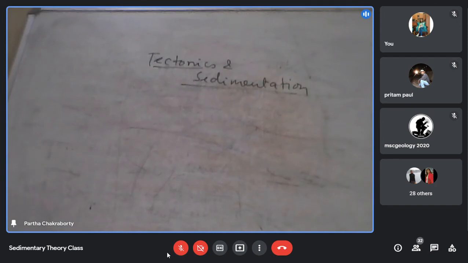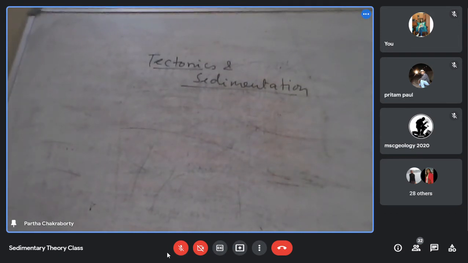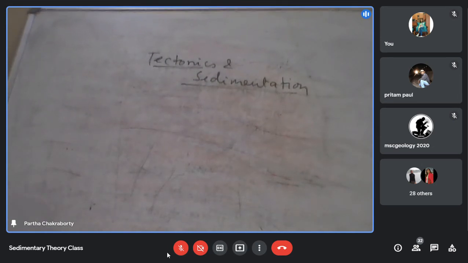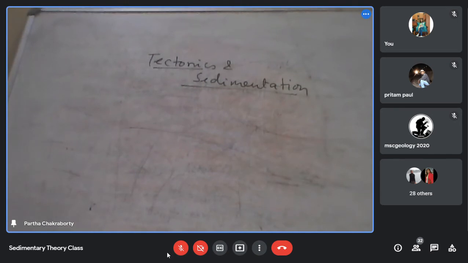Even in the deeper part, you are not getting any coarse sediment. Then how do you get a sandstone, shale, limestone deposit of several kilometers thick formed in the basin? It is not possible unless the basin is a subsiding one. There must be an active subsidence in the basin.